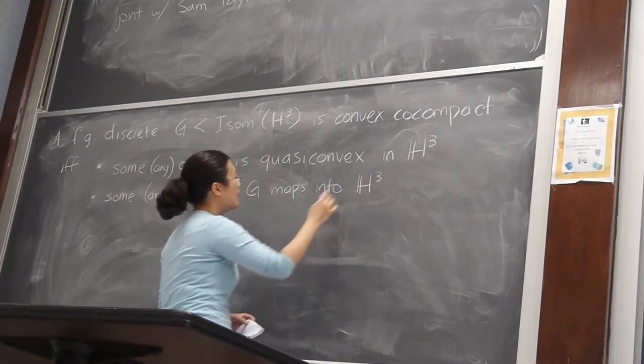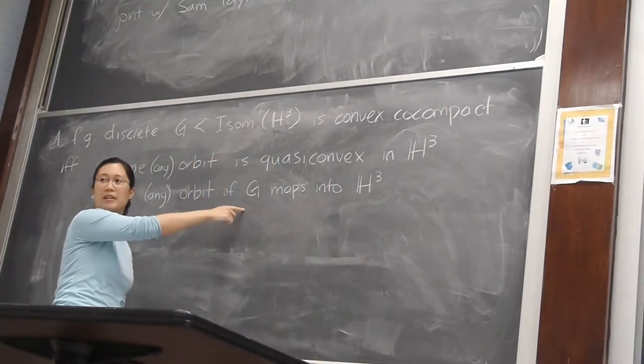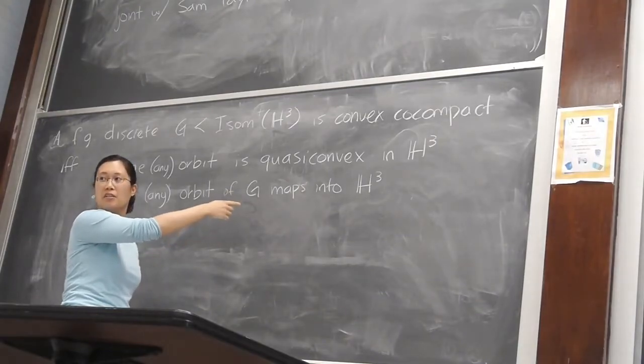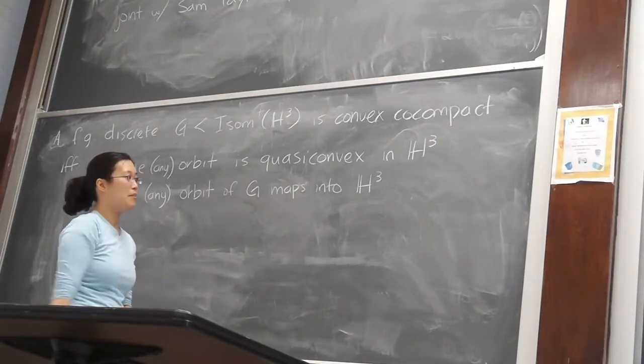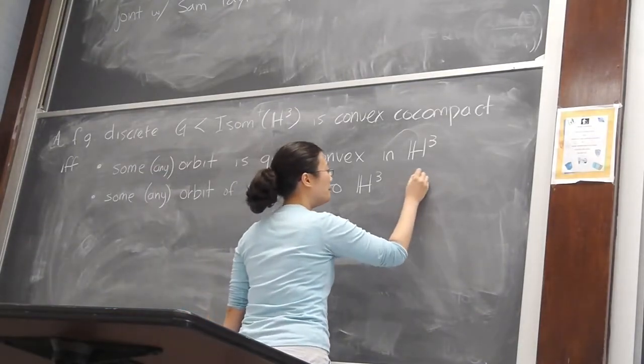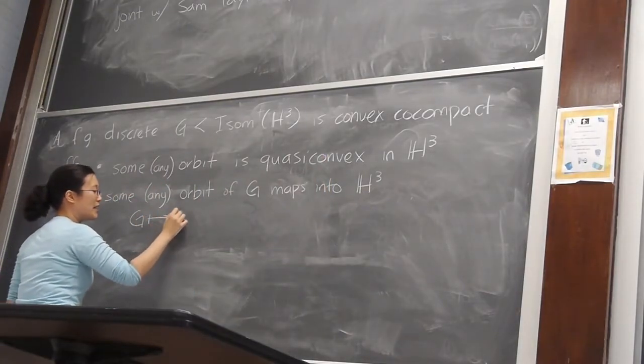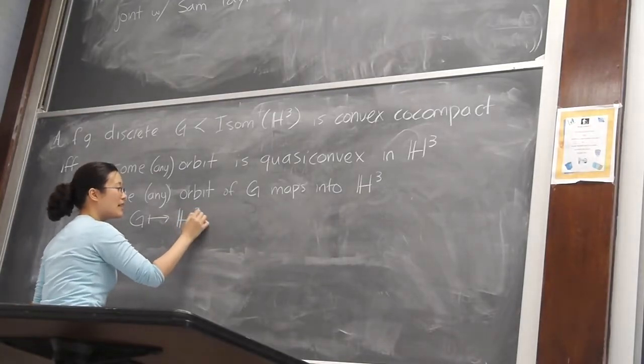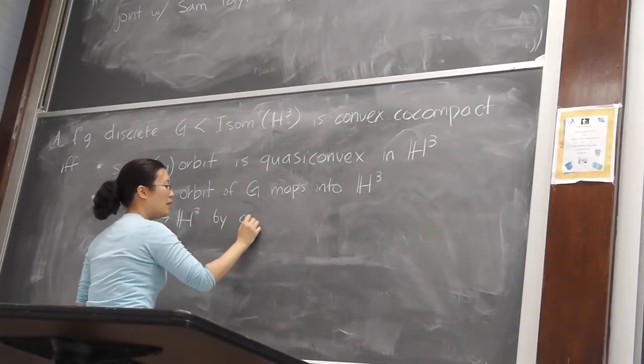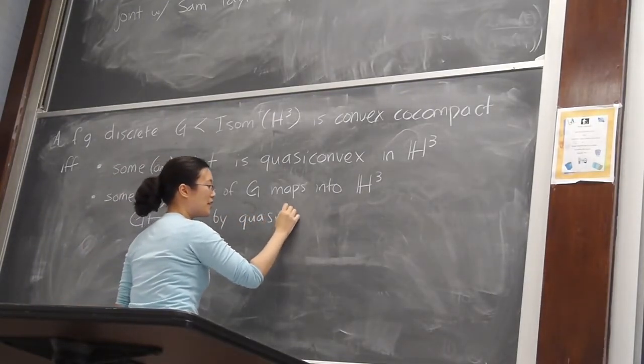We think of the group as a space, like we take a Cayley graph for a group where we pick a bunch of generators, so we have a word metric. We look at where it takes the point, and that maps the group into the space. And we require that that's a quasi-isometric embedding.